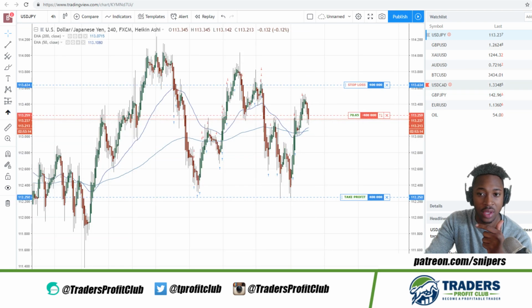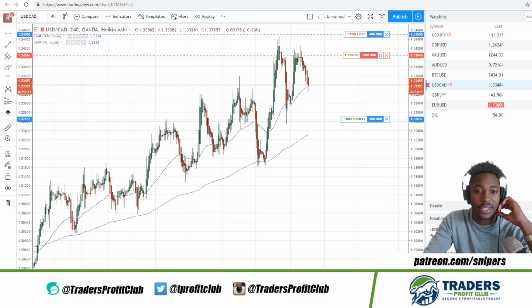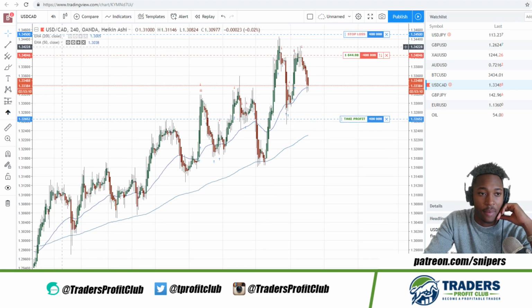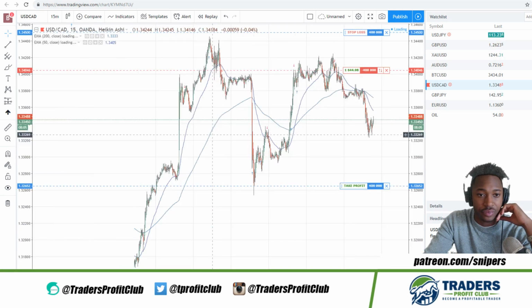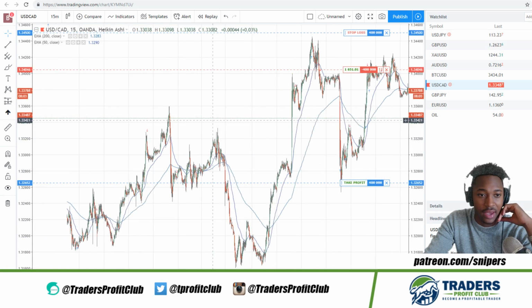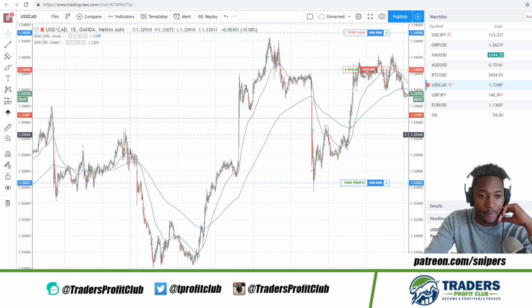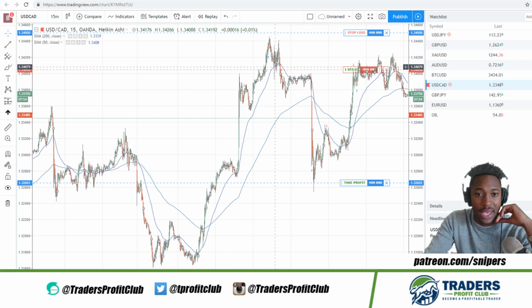That's how I took the USD CAD, and the same thing on this position as well. The market made the same formation on the 15-minute chart, and I kept seeing the same thing: the price came up, broke out, made that peak formation, had that buy confirmation, made that huge bullish momentum, made that peak formation once again, then dropped back.